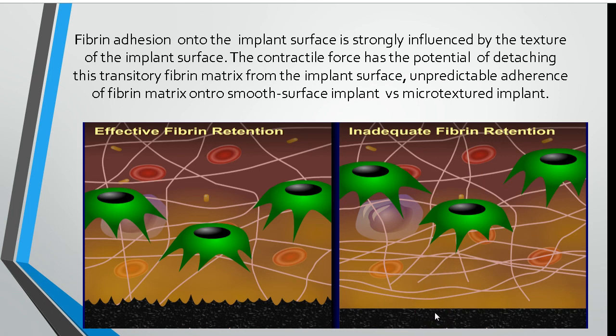When there's something smooth, you put something sticky on it, it comes right off easily. Unlike a smooth surface, on a rough surface those fibrins still stay attached. So the osteogenic cells have the ability to migrate all the way to the surface of the implant, unlike a smooth surface where it will stop because the fibrins are snapped off.